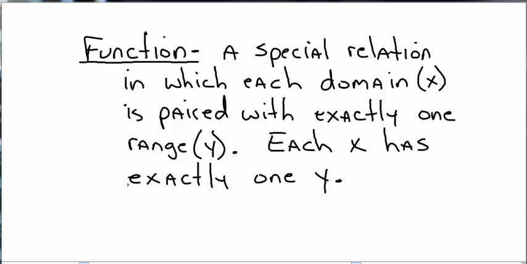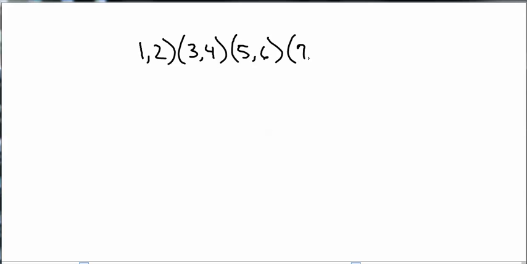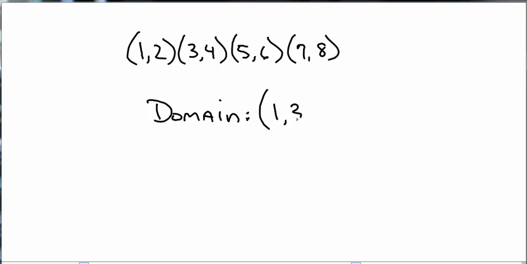So if I give you an ordered pair, (1, 2), (3, 4), (5, 6), and (7, 8), and I ask you to list the domain. The domain for this relation would be 1, 3, 5, and 7.